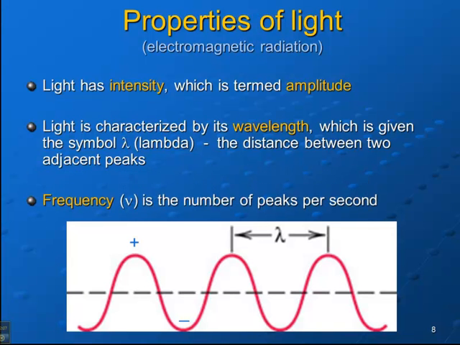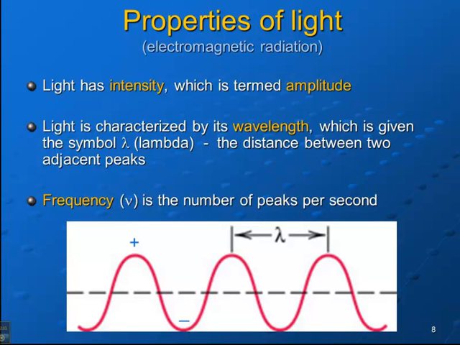There's also a frequency because, as I mentioned, it's a moving wave. So if I'm sitting in a position, and if I were quick enough, I could watch light go by. First one of those peaks would go by me, and then another peak would go by me, and a third peak would go by me. The rate at which those peaks go by per second is the frequency. So already you can start to think about this.